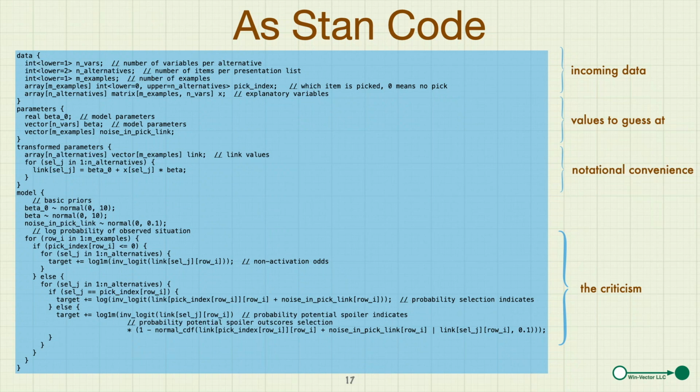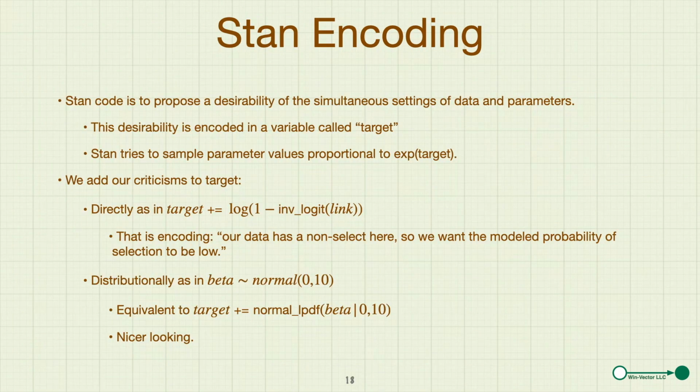This math block, the criticism, is saying row by row, or panel by panel, how likely is the data you claim happened given the parameters Stan guessed might happen. So to get that back down into English and math, which is a little easier on us than the Stan notation, and this is something I would copy paste and use again and again, Stan takes a criticism called a target.